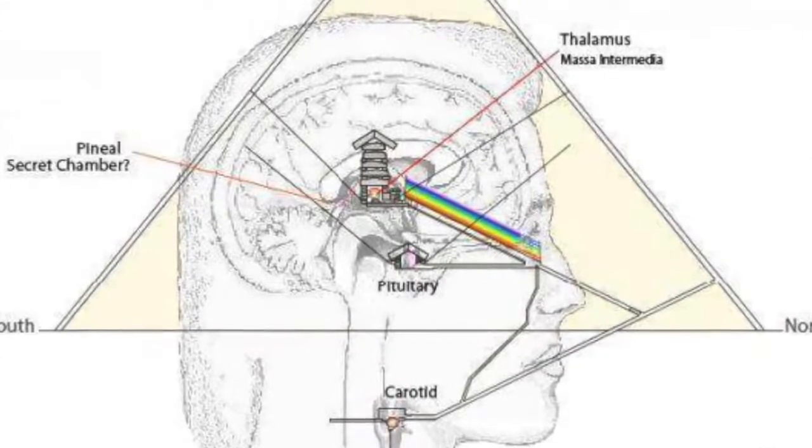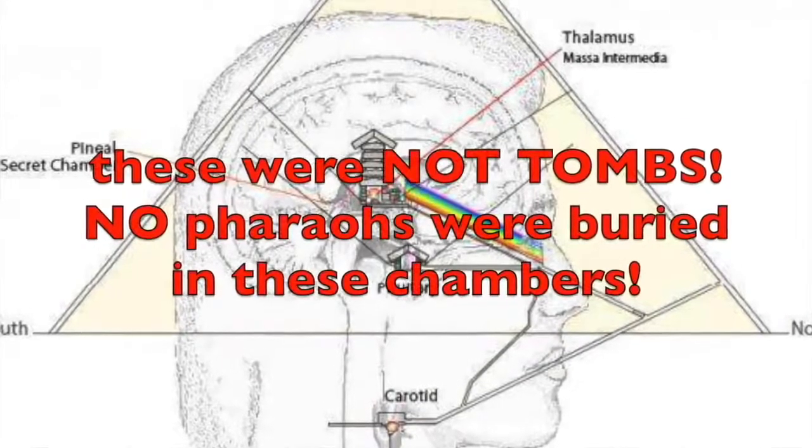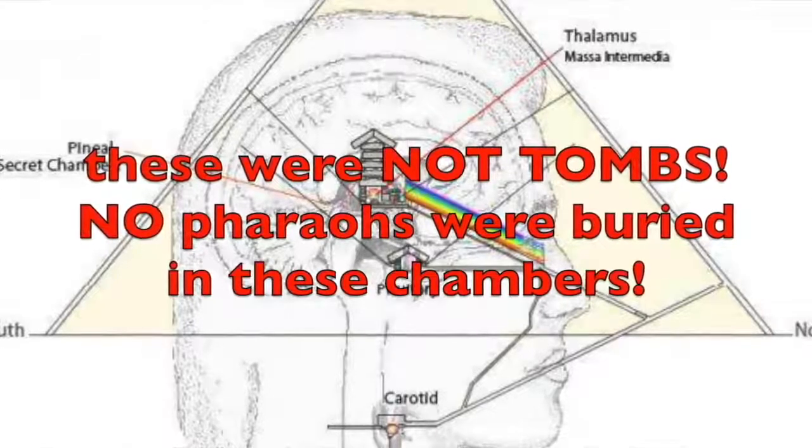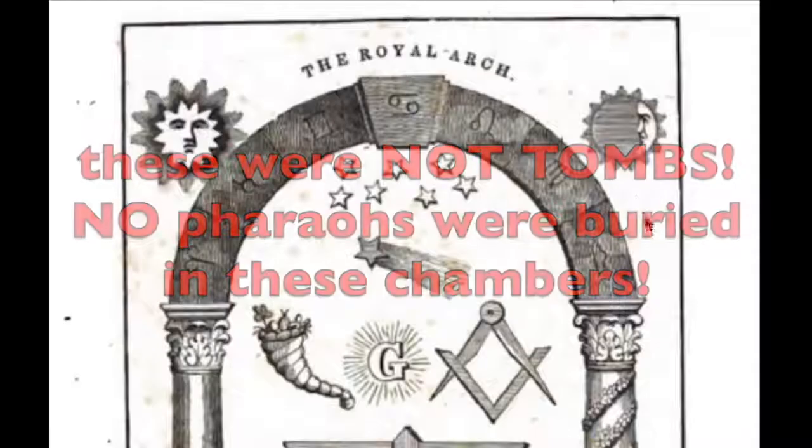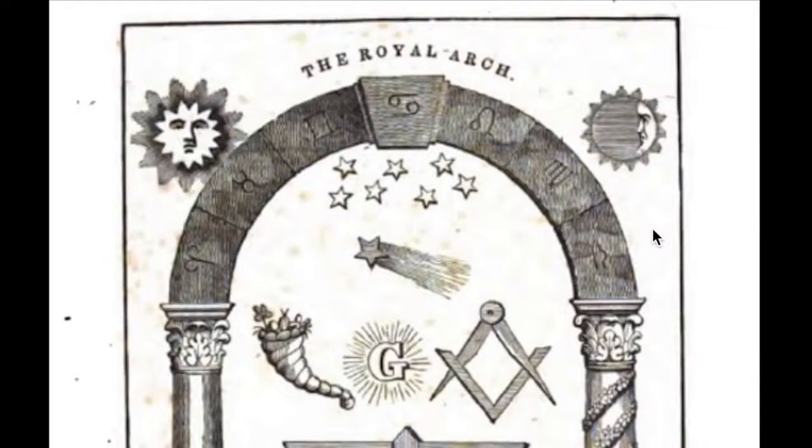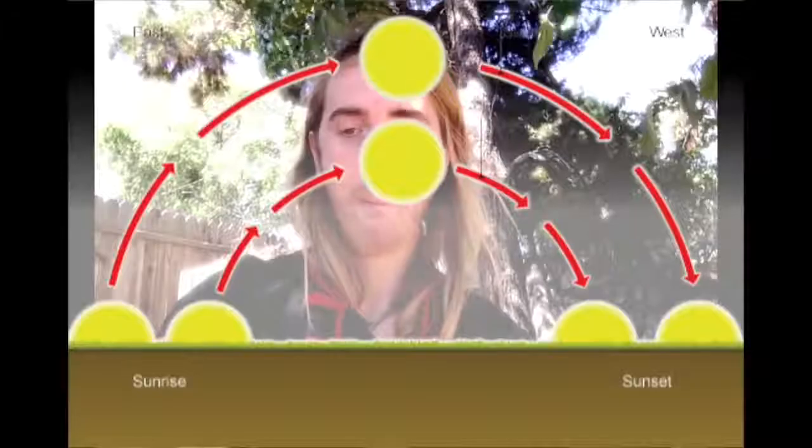So again, that's why it's called the King's and Queen's chamber, and why it's the Royal Arch. And again, later on in the video, I'll explain more about why it's royal and how it relates to royalty, to the pharaoh, the king cobra, the king serpent, the basilisk, which means king serpent, which again refers to royalty. So I'll cover that in depth later on throughout the video.